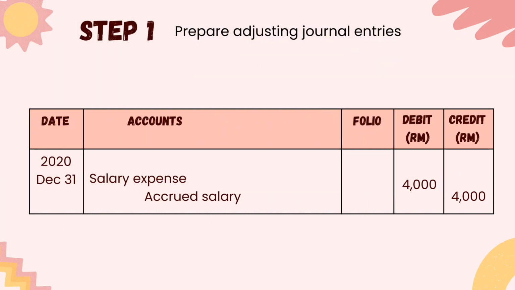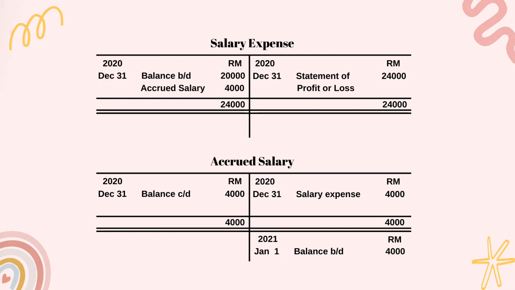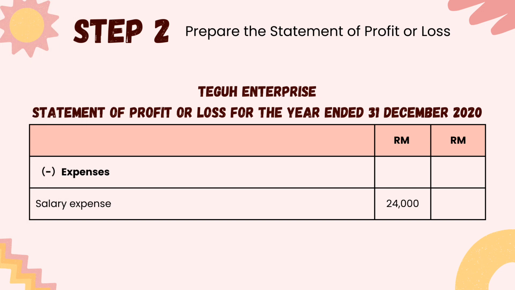So step 1 is prepare adjusting journal entries. Debit salary expense by 4,000 and credit accrued salary by 4,000. This is the ledger that we want to show how to open the salary expense and accrued salary. The second step goes to statement of profit or loss for the year ended 31 December 2020.